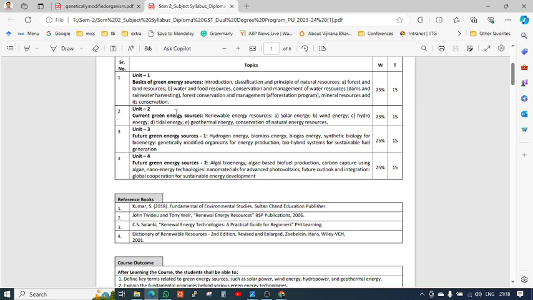There are 30 MCQs. We have already prepared the questions, and most are from unit 1 and unit 3: 15 questions from Pankaj sir, 15 from unit 1, and 15 from unit 3.